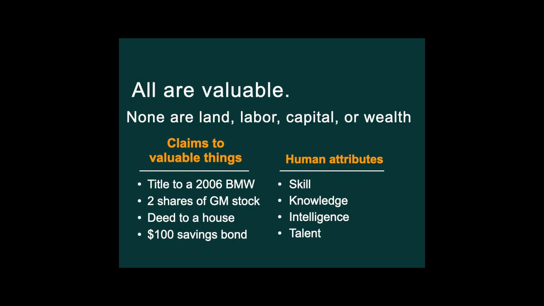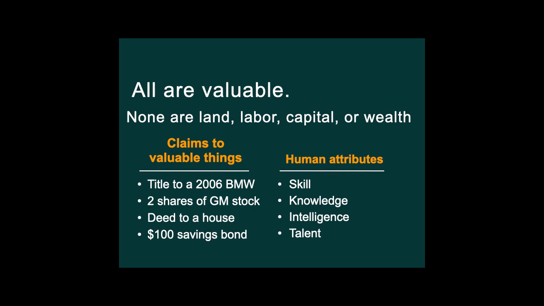And of course, in this case, the BMW is wealth. Claim on wealth. In this case, it may be wealth in the factory and the products they're making, but it's also land and patents and other monopolies. And the house is certainly wealth and land. And the savings bond is what? A claim on money, isn't it?